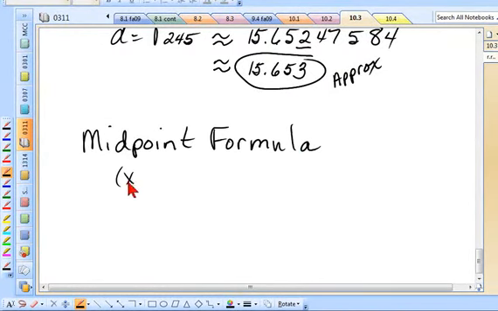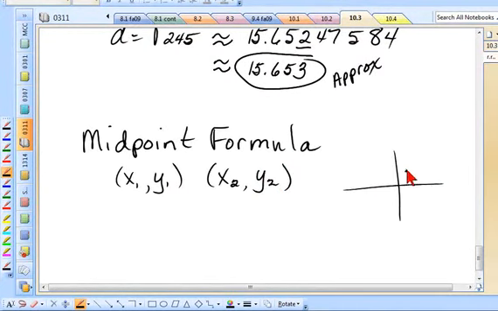If you have a point x1, y1, and a point x2, y2, then the point halfway between them on the coordinate plane, if I had a point here and a point here, then the point that's halfway between them would be, well, I didn't draw it very well, but it would be about there, and I'm going to call it XM, YM, M for midpoint.